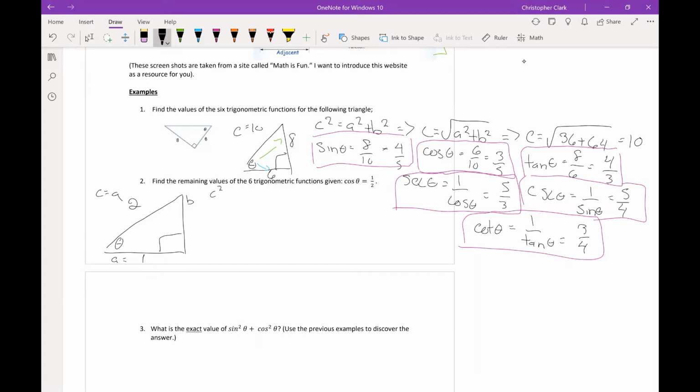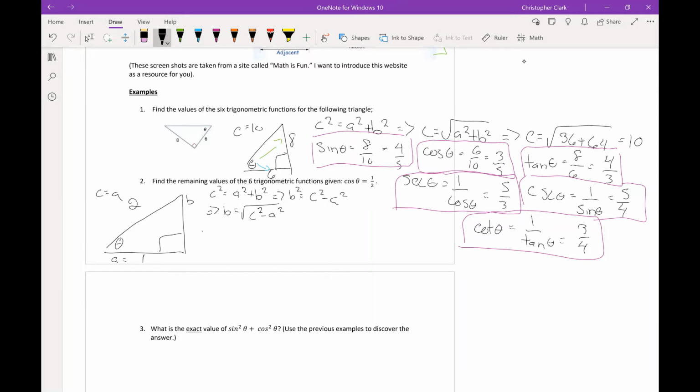So if c squared equals a squared plus b squared, that implies that b squared is equal to c squared minus a squared, meaning that b is equal to the square root of c squared minus a squared.